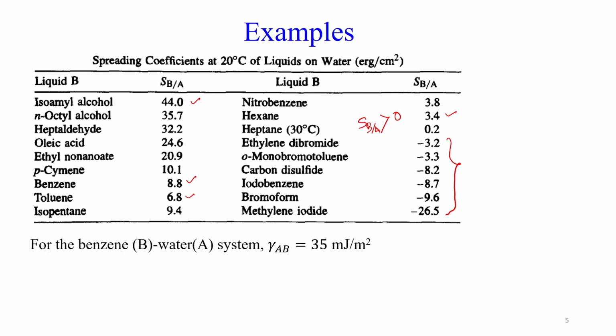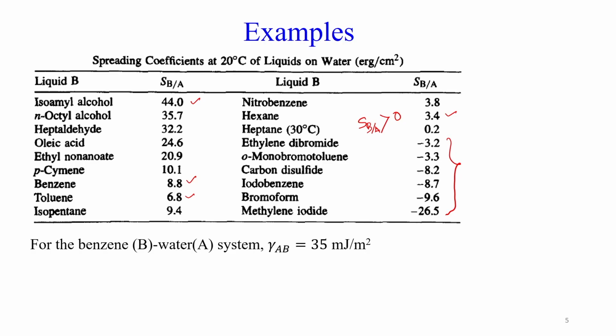Now, as we discussed, this is the ideal case when the purity of A and B are intact, but in practice, when the two liquids come into contact, they mutually saturate each other. So, their composition or purity is going to change. Let us consider a case of the benzene and water system. Their interfacial tension is given as 35 millijoule per meter square.